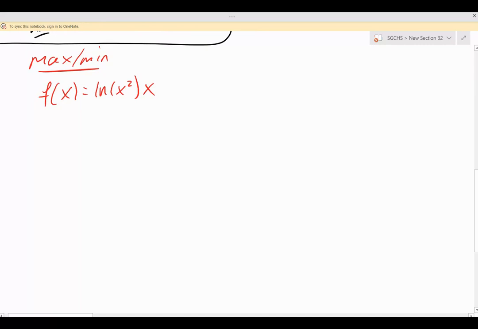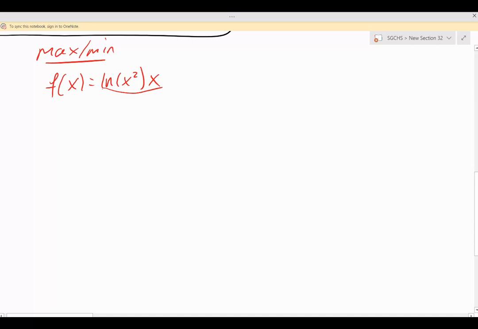A few things we have to notice here. We're going to have to apply the product rule because we have two functions multiplying each other. Another thing we have to recognize is when we derive ln(x squared), we're going to have to apply the chain rule. Remember, the derivative of the natural log of x equals 1 over x.